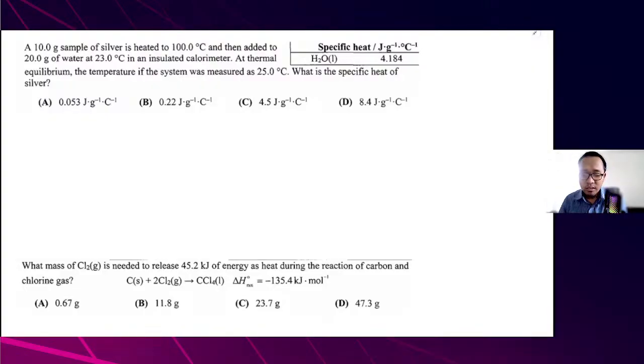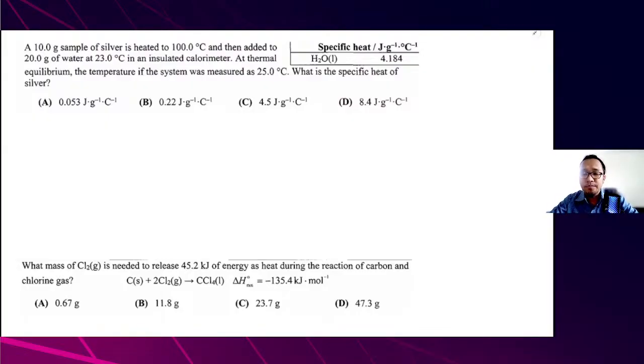This question is about calorimetry and specific heat. So 10 gram of silver is heated to 100 degrees Celsius and then added to 20 gram of water at 23 degrees Celsius in an insulated calorimeter.